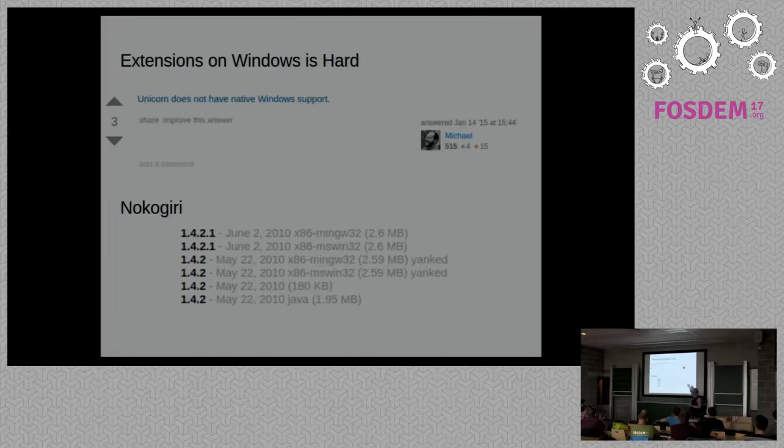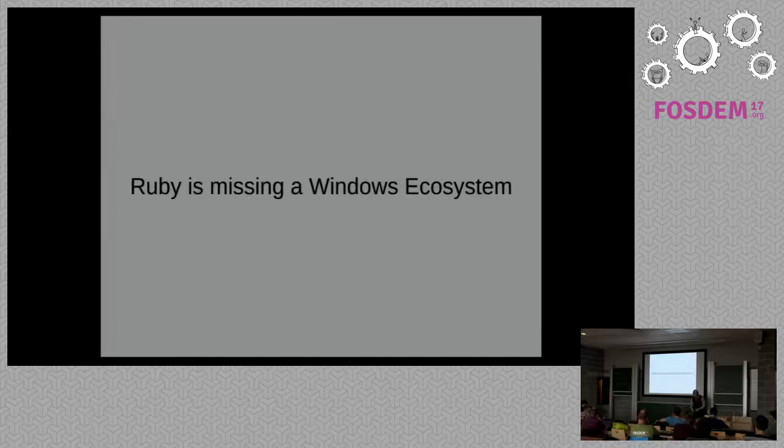So there are problems that have been mostly solved, but they do exist, of different version numbers not matching the different architectures. So potentially there are other problems of trying to use Windows as a development platform. The short of it is that we don't really have a very healthy Windows ecosystem, if one at all. It's kind of a best effort for every gem author, because most people just aren't using Windows as a primary development platform.